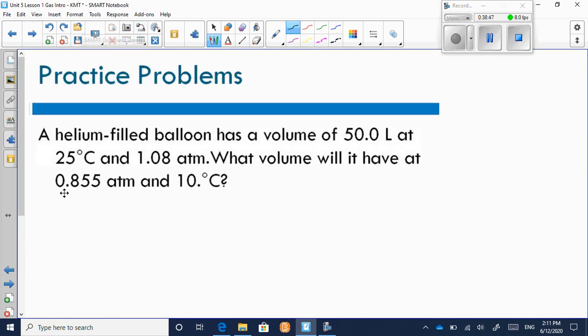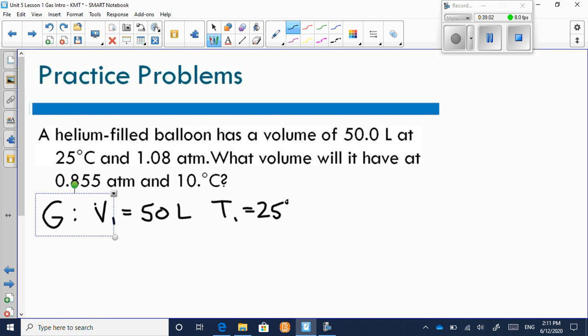Okay, so it says a helium-filled balloon has a volume of 50 liters, so V1 is equal to 50 liters at 25 degrees. T1 is equal to 25 degrees Celsius and 1.08 atmospheres, so P1 is 1.08 atm of pressure.